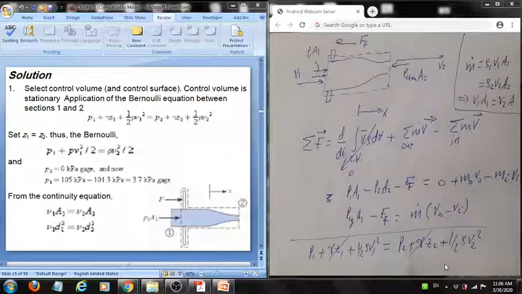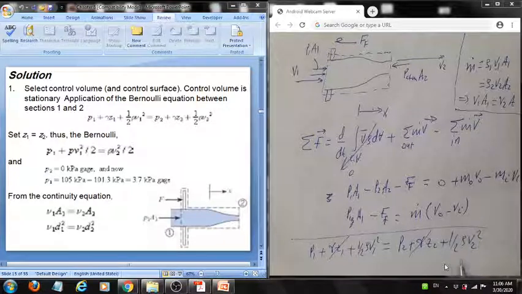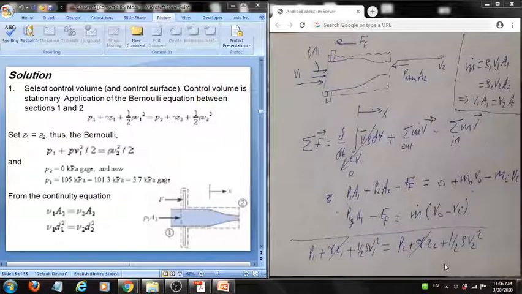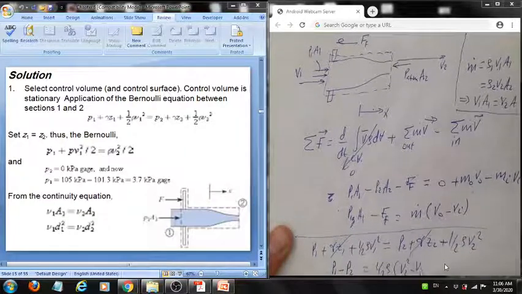So we want to use the mass balance and the Bernoulli equation to obtain a form for the velocity. Specifically, we have P1 minus P2, which both are given, equal to half rho times V2 squared minus V1 squared.